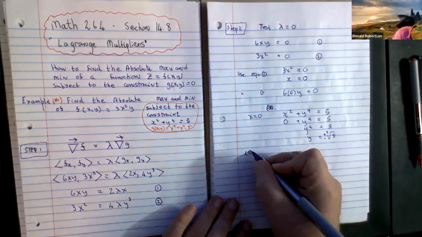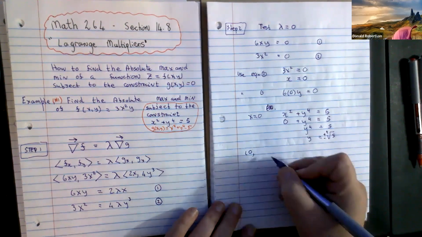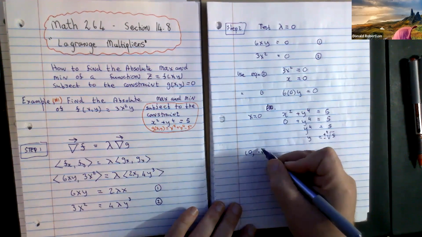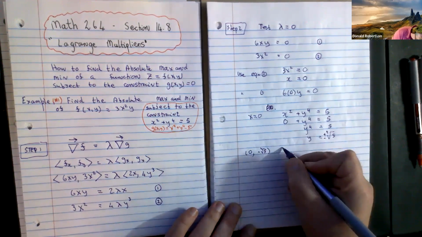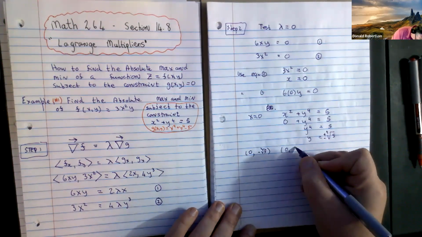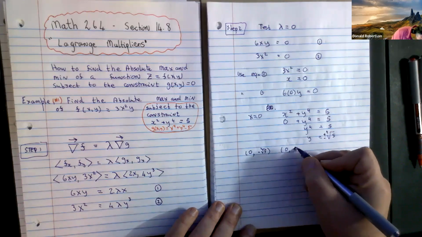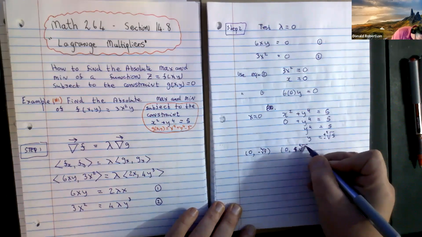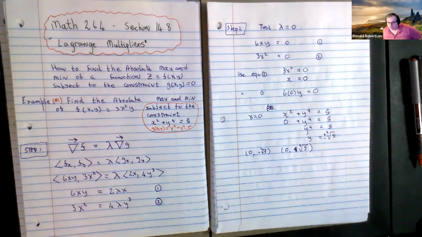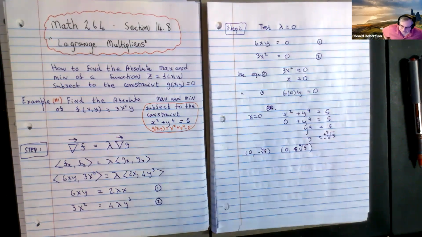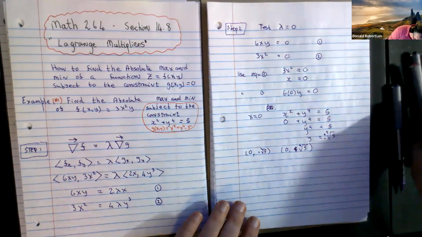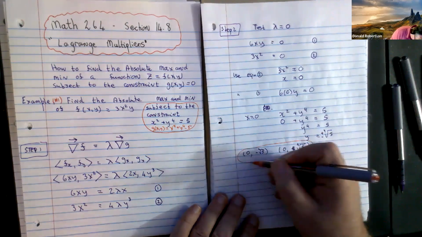So I have got solutions (0, negative 4th root of 5) and (0, positive 4th root of 5). By the way, these questions are huge. So I'll put a little bubble around that.